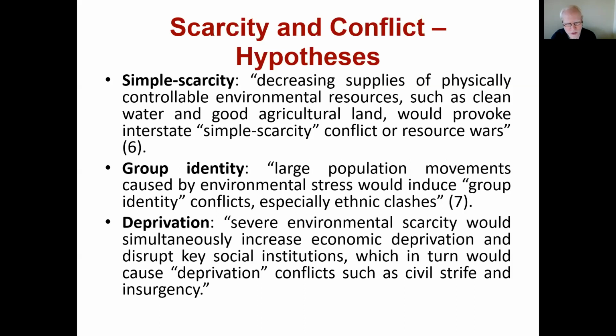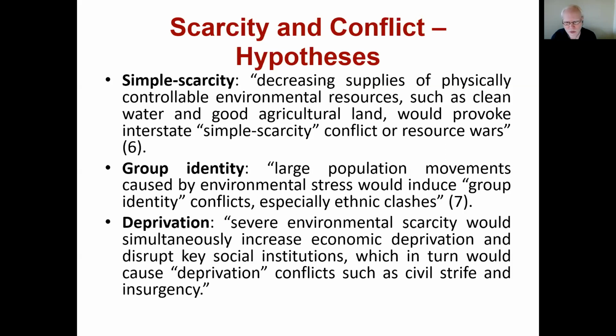And then finally, we've got a deprivation hypothesis. So severe environmental scarcity would simultaneously increase economic deprivation and disrupt key social institutions, which in turn would cause deprivation conflicts such as civil strife and insurgency. So when you have scarcity, you'll have at the same time economic deprivation. So certain segments of the population will not have enough.